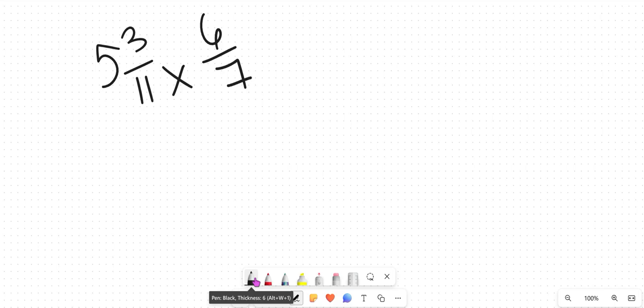For the next problem, I'm subtracting two mixed numbers with unlike denominators. The first number has to have a fractional component less than 1/2, and the second one has to have a fractional component greater than a half. So I'm going to do 5 3/11 minus 2 6/7. 3 over 11 is less than a half, and 6 over 7 is greater than a half.